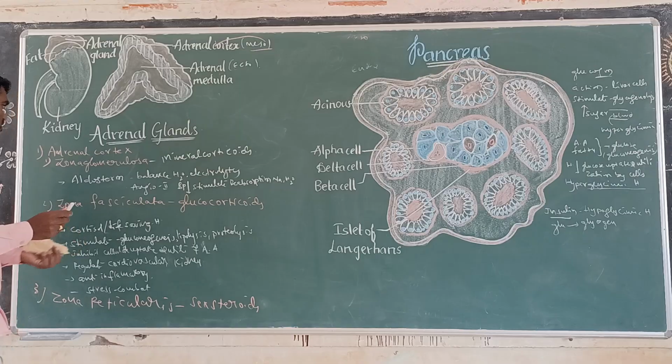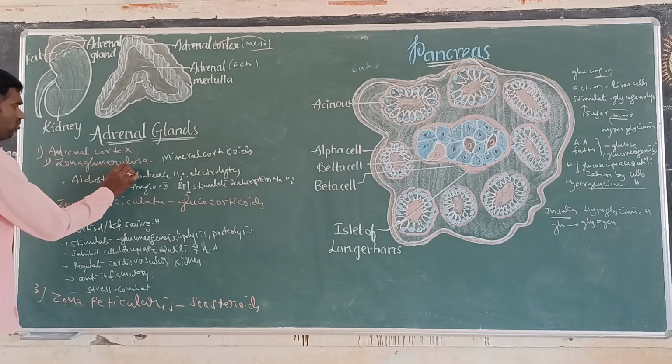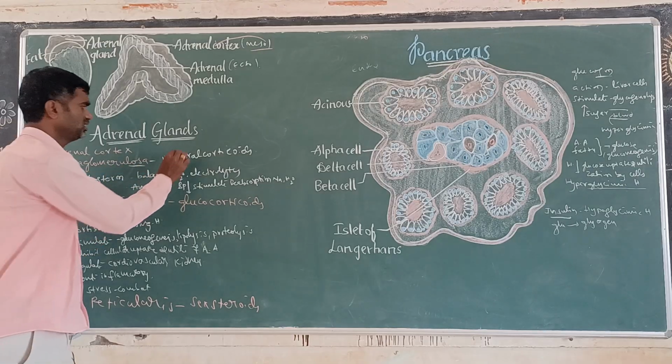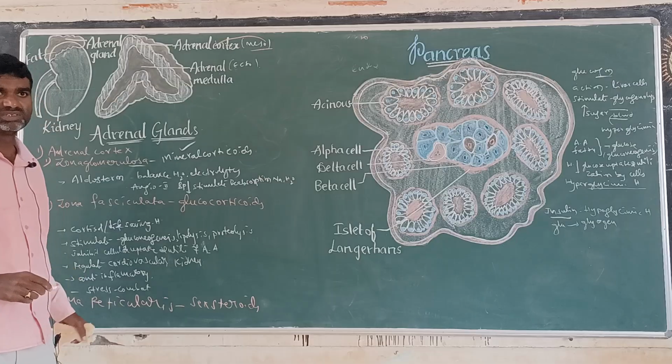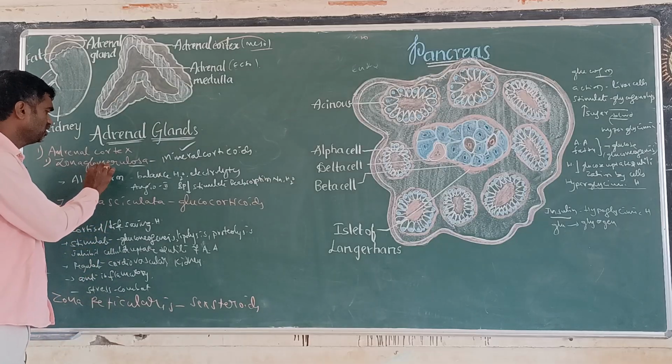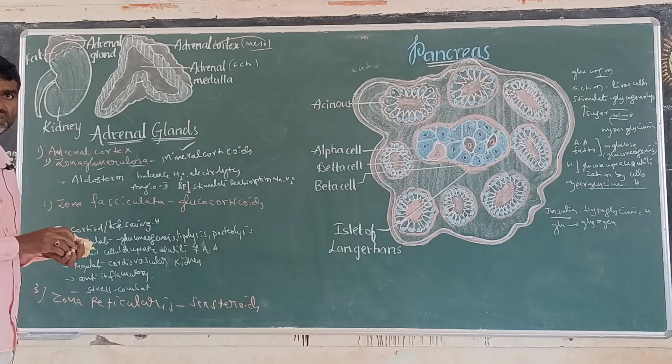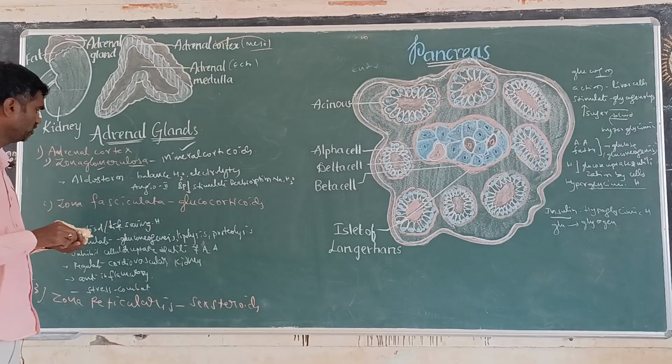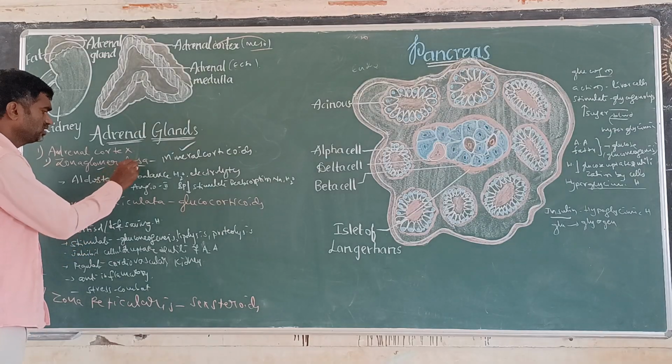Now, the zona glomerulosa secretes mineralocorticoids. What are the mineralocorticoids? Aldosterone is the main mineralocorticoid.